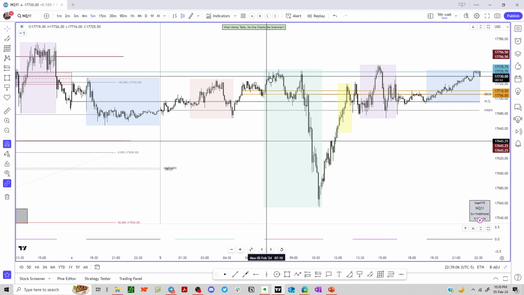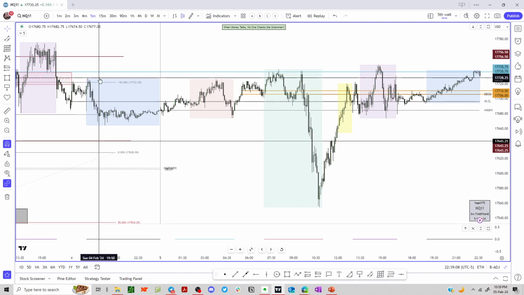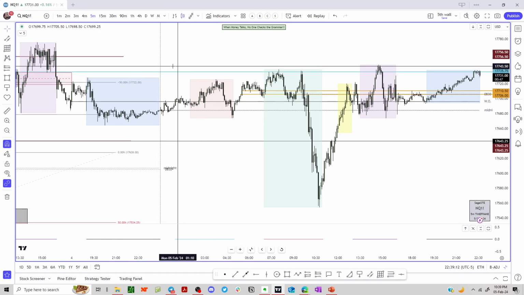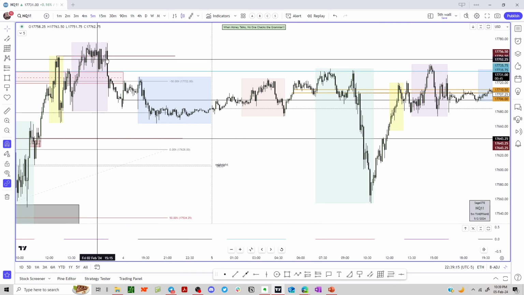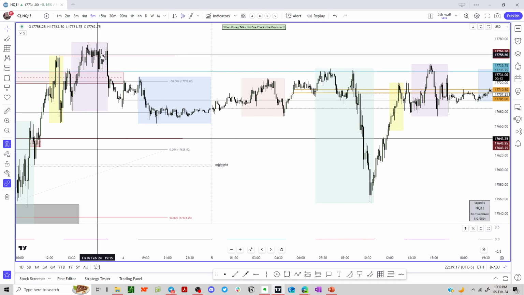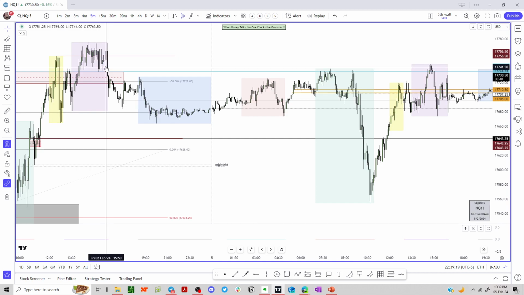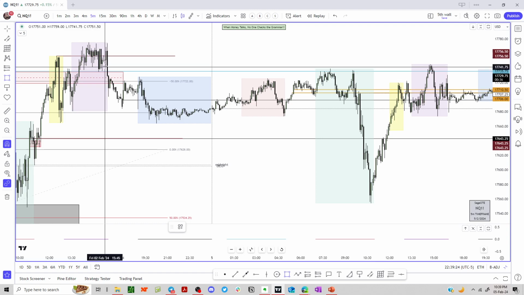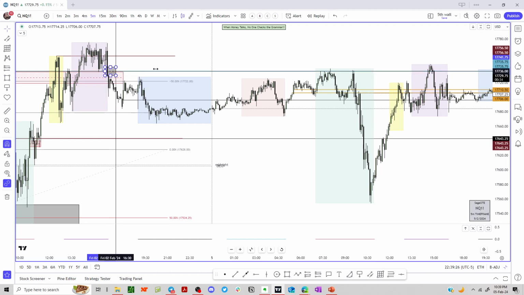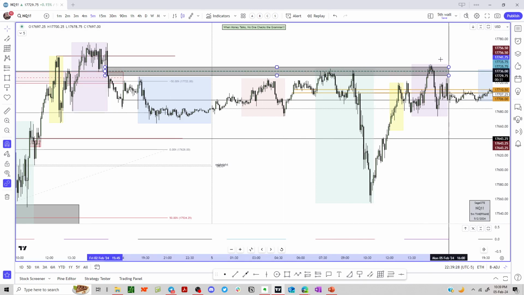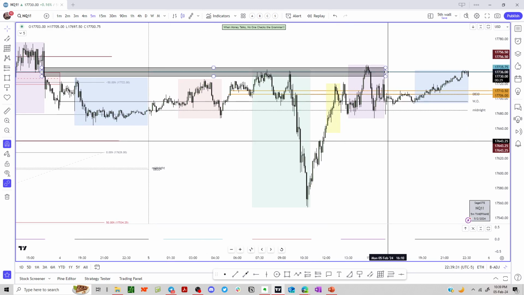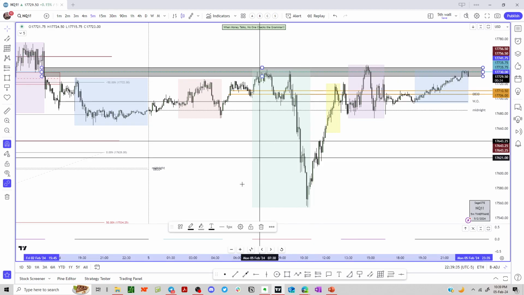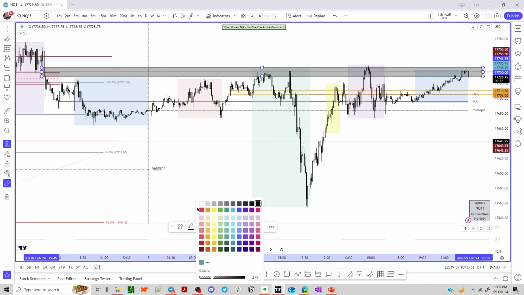This comes in the AM session, runs the Asia session highs, London session highs, traded into the previous day's PM session, and you have a bearish fair value gap here. And you have several entries, and technically price is there right now. And this is just a 5-minute chart.